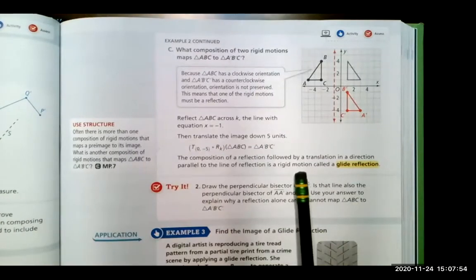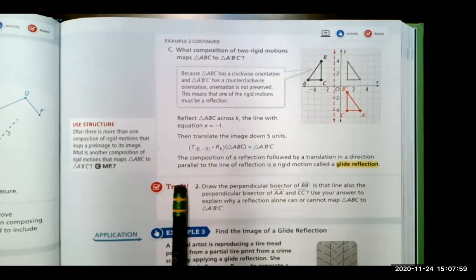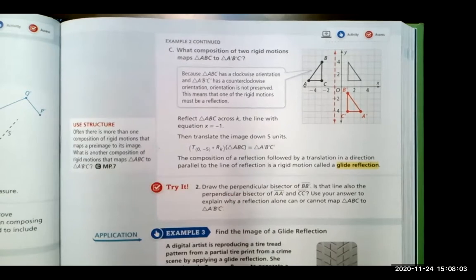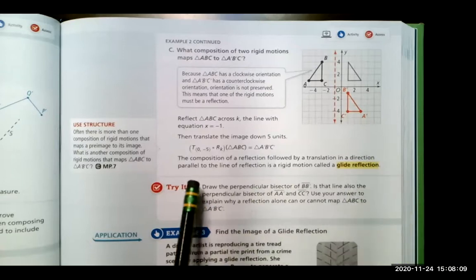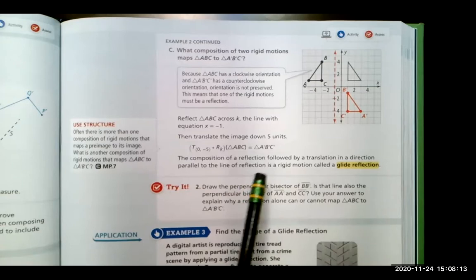And a translation is basically taking something and moving it around the page: left 7, up 3, right 2, down 5, something like that. A translation is where you slide it around the paper, in a direction that's parallel to the line of reflection. That's called a rigid motion and a glide reflection.